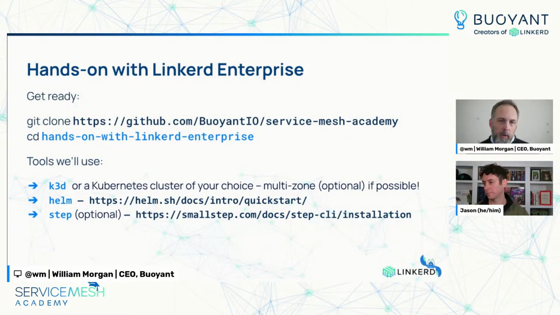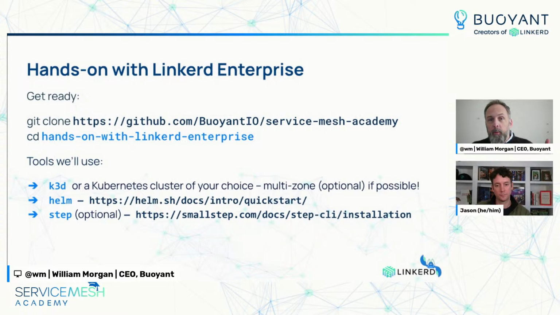If you want to follow along at home, and I'm going to show this slide again in two more slides, just to remind you, we have a repo here that you can clone with a lot of the instructions. The three things you're going to need, maybe four: a functioning web browser, and a Kubernetes cluster. K3D is one that I use because it's easy and you can run it on your Mac.